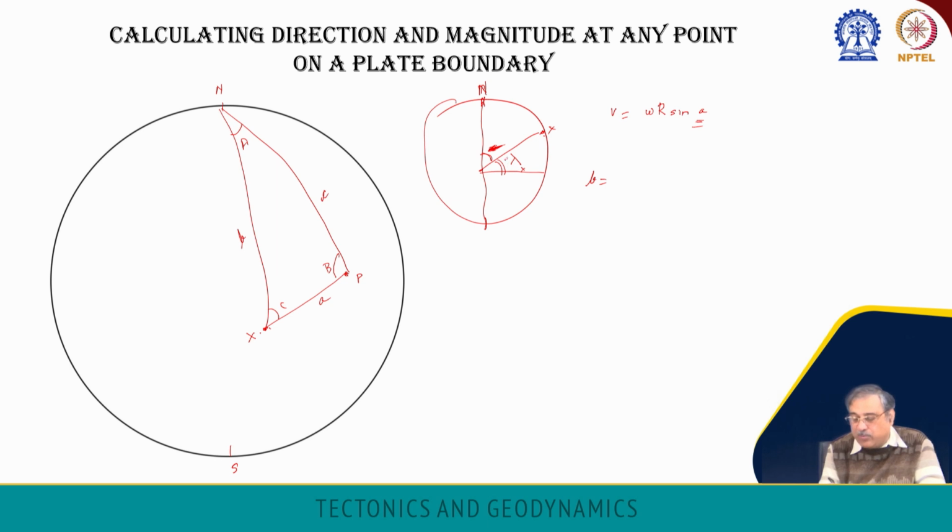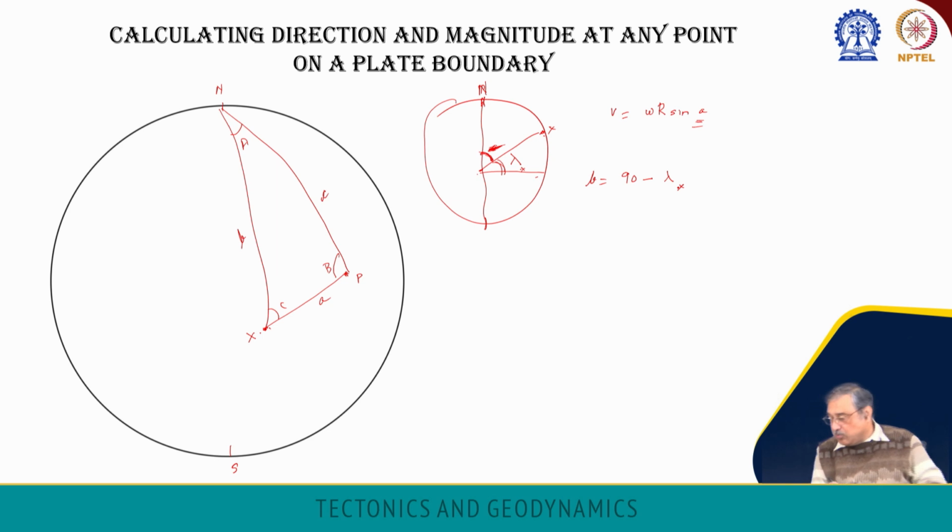This angle here would be the latitude of X. This is the equatorial plane, so the angular distance from the north pole would be 90 minus the latitude. So b, the small b, becomes equal to 90 minus lambda X.